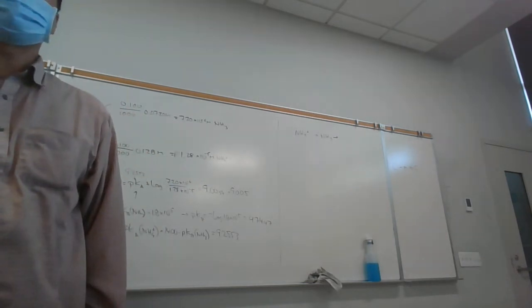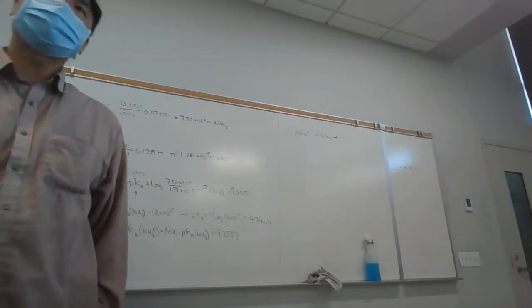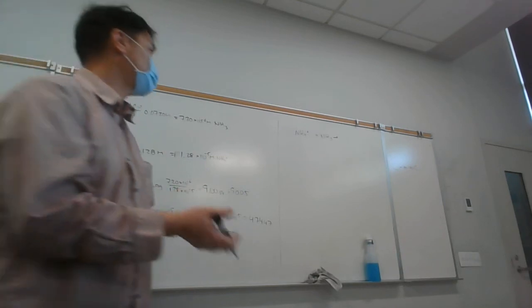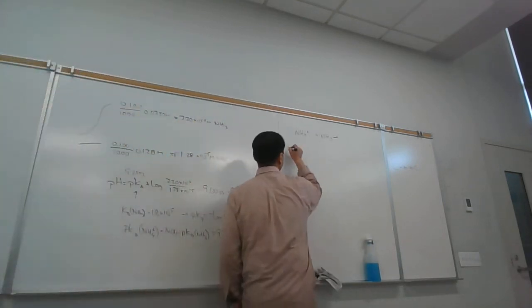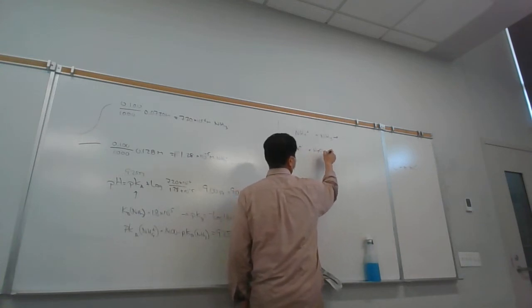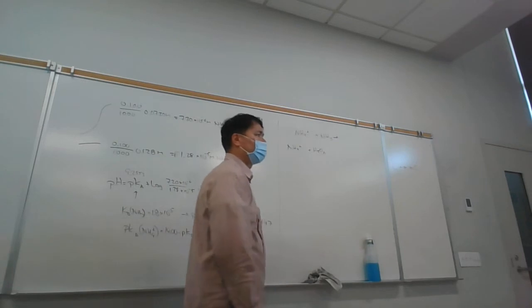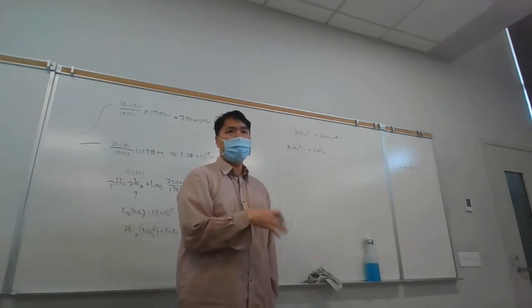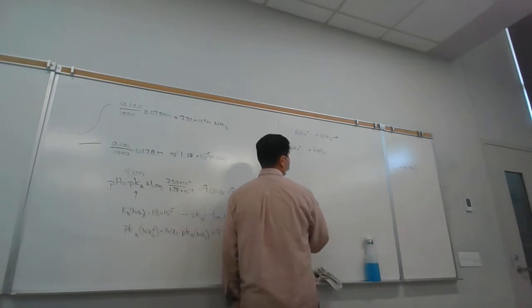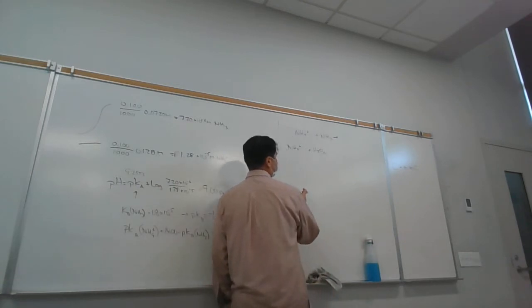The same thing. So then what we do is we take the strongest acid and react it with the next strongest base. The strongest acid here would be ammonium, and the next strongest base would be water. Well, ammonium and water, that's just Ka. Or we take the strongest base and react it with the next strongest acid.